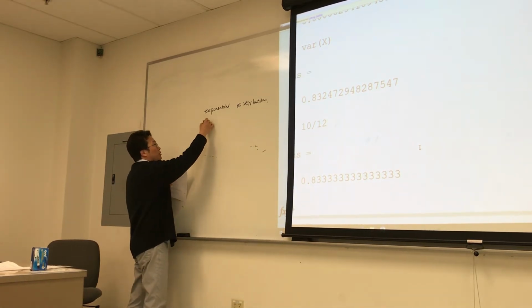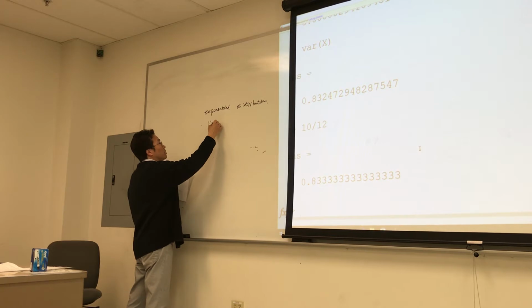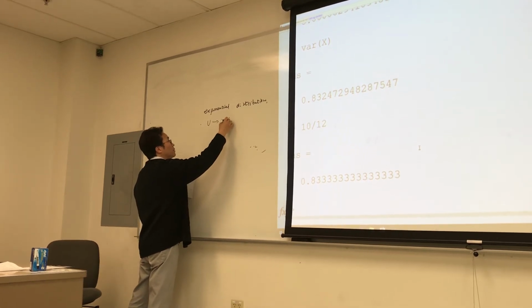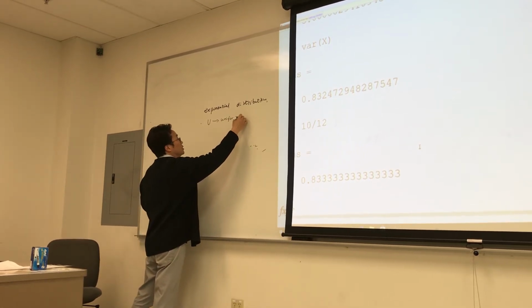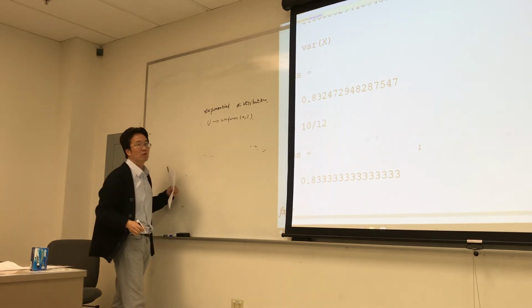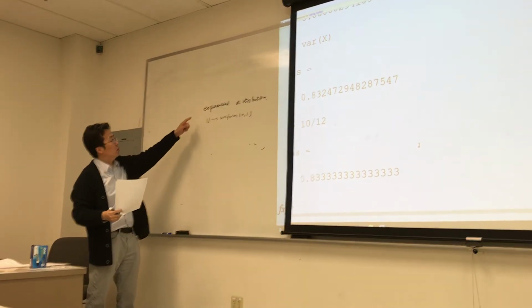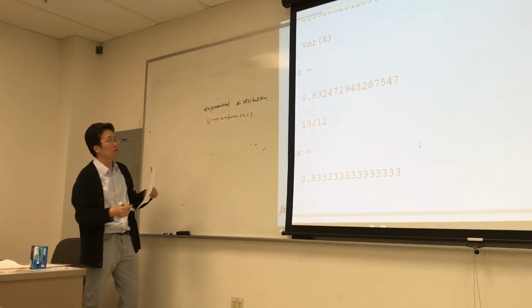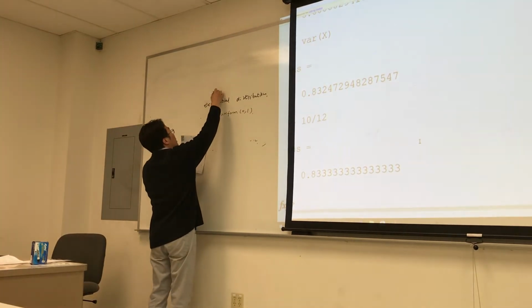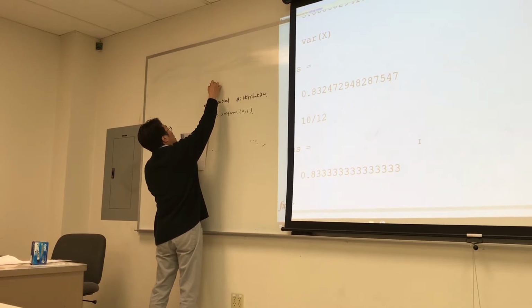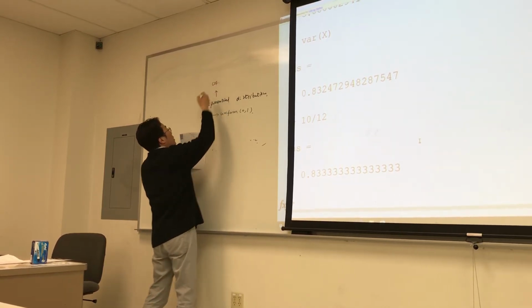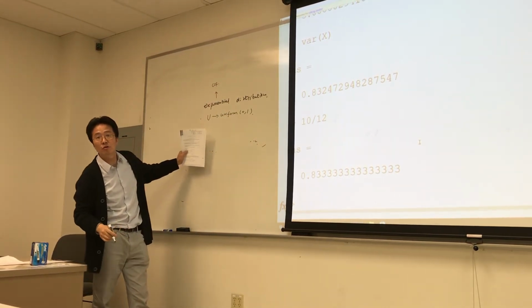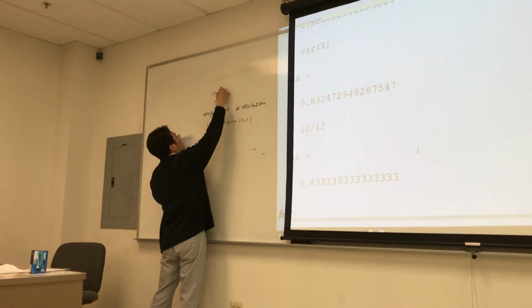First of all, we have to generate U, which is uniform (0,1). Also, before we start with the coding part, you have to figure out the corresponding CDF, the cumulative distribution function, let's say F.